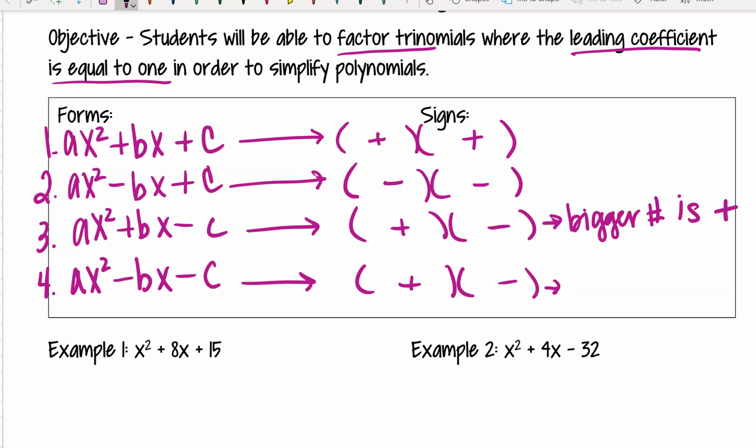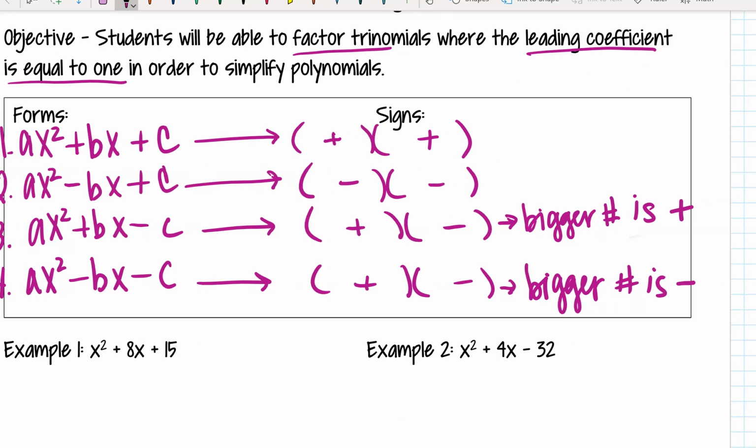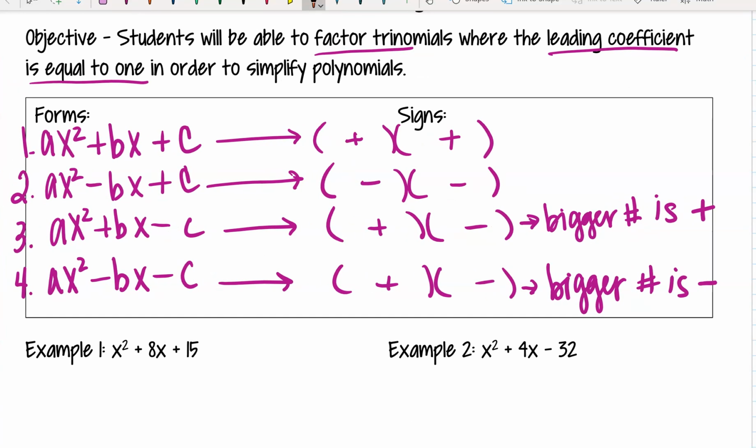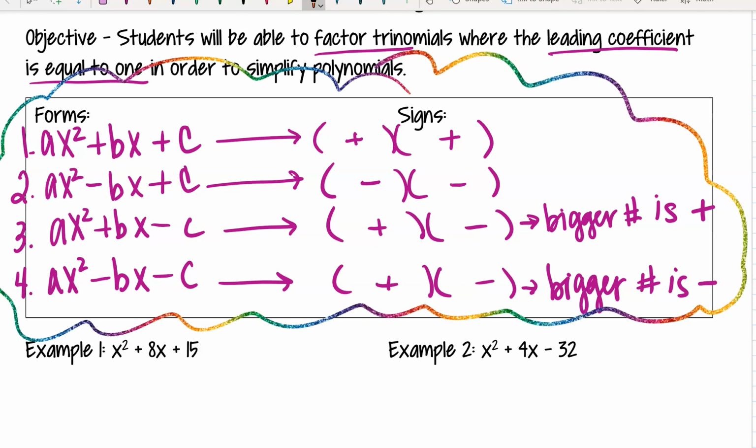And here, your bigger number needs to be negative, okay? My expectation is that you memorize this. It's extremely helpful if you do memorize it. It makes this process quicker, so you need to make sure that you memorize how this breaks down. So we're going to do some examples so I can show you exactly what this looks like.